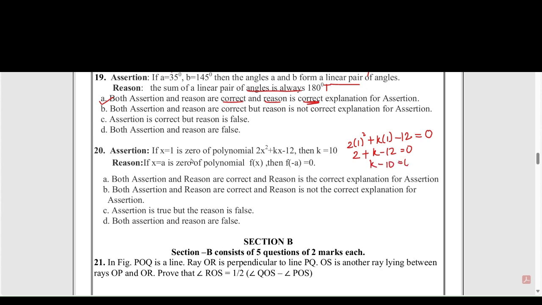So k minus 10 is equal to 0. Hence k is 10. So we can say this is true. Now x is equal to a is a zero. When we substitute, it is not necessary that you will get 0. So this is false. So what the result says, the assertion is true but the reason is false.